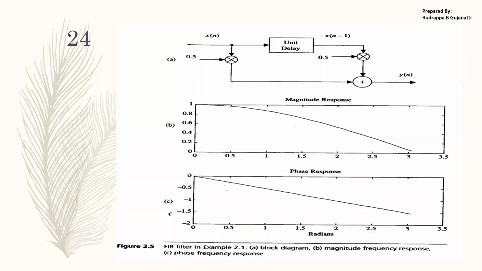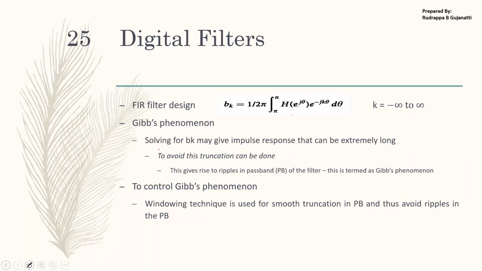Continuing with the previous discussion, if I want to identify the coefficients, we can make use of this equation for the FIR filter. That is, if I have to identify the coefficients b_k of the filter, I can make use of the frequency response in order to obtain the different coefficients.